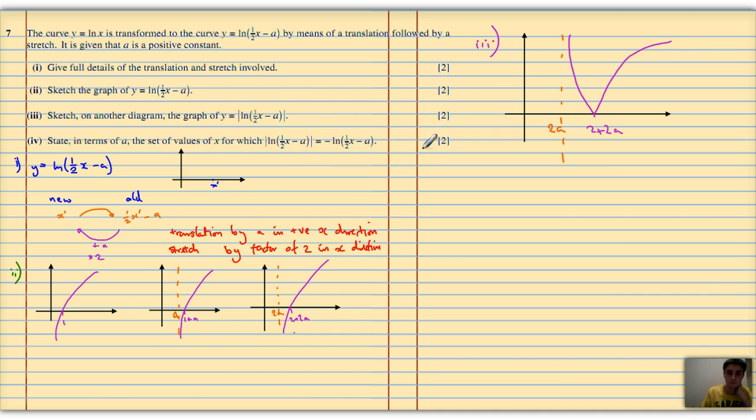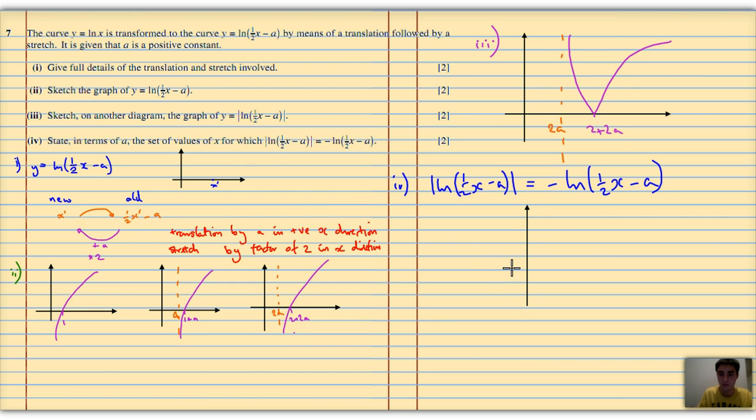Part 4 just says state the values for which the mod of ln of (a half x minus a) is the same as minus ln of (a half x minus a). So we want the mod of ln of (a half x minus a) equal to minus ln of (a half x minus a). Best thing to do when you have something like this is just to draw the curves on the same axes.